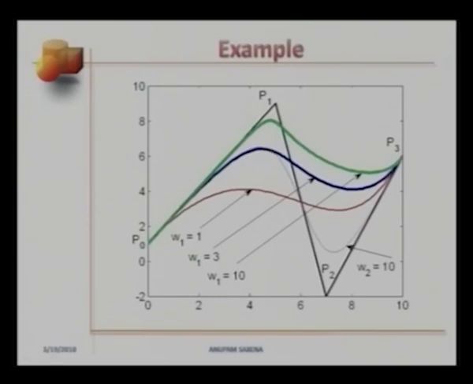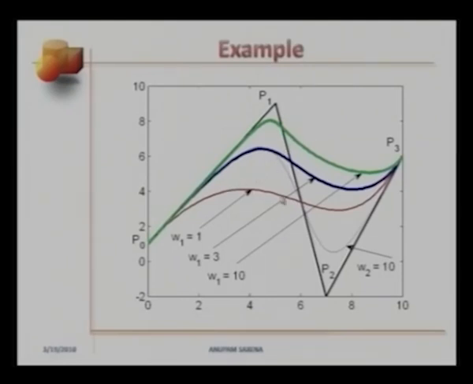Let's look at how rational Bezier segments change in shape. P0, P1, P2, and P3 are our original data points. The lines in black show the original control polyline.